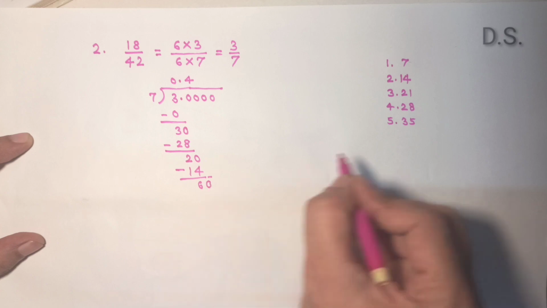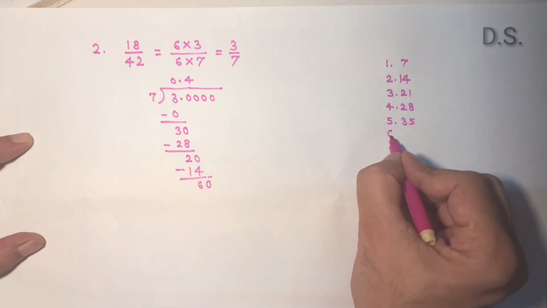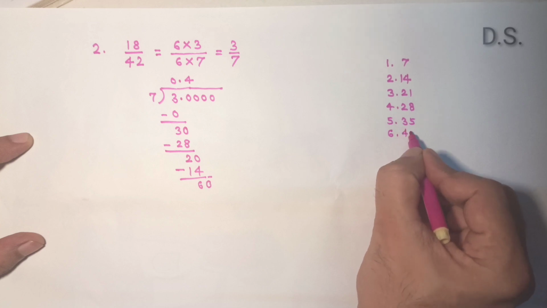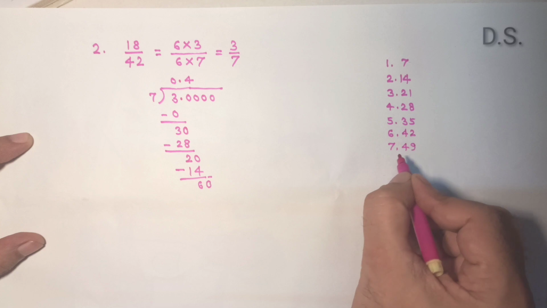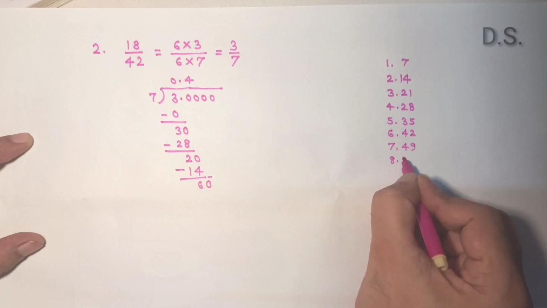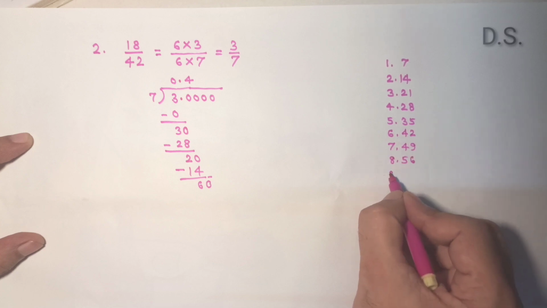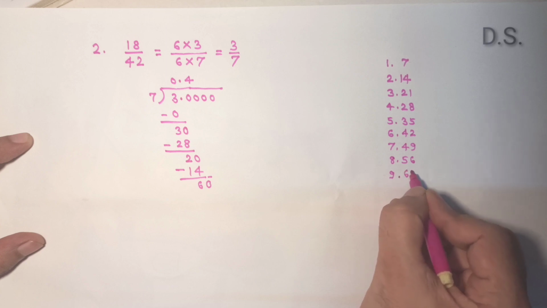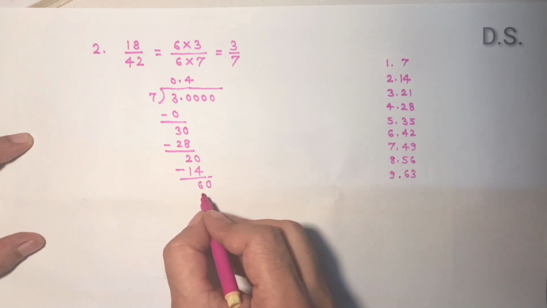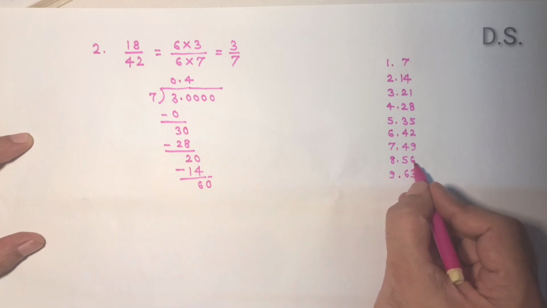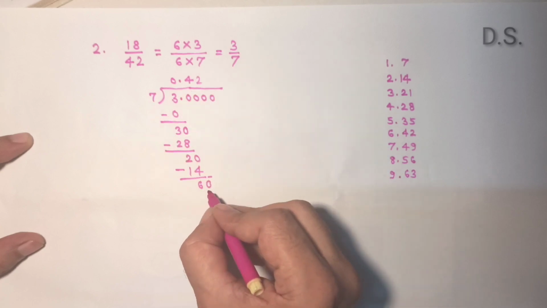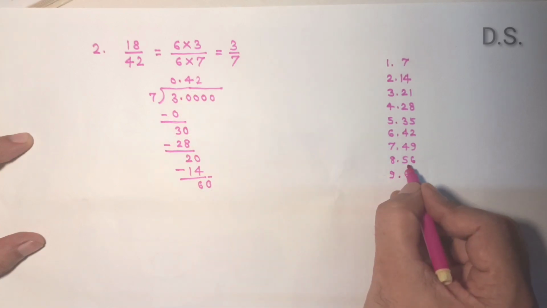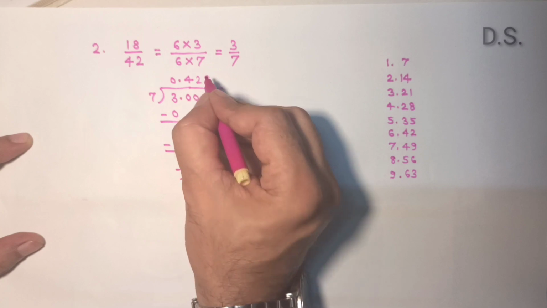Now it becomes 60. Here 42, 49, 56, and 63. Now 60, it will go 8 times. 7 8s are 56.